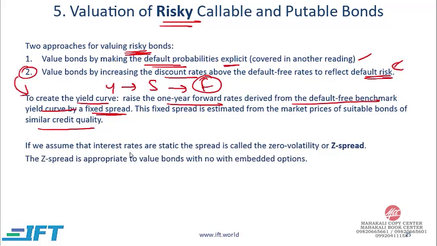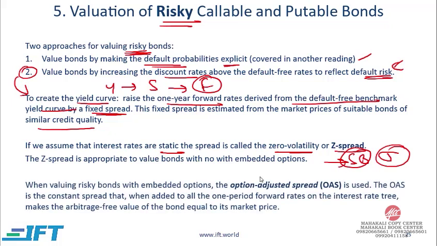If we assume that interest rates are static, then the spread is called the zero volatility spread, or Z spread. The Z spread is appropriate to value bonds with no embedded options. If you recall, when we have a straight bond, then the value of the straight bond is not impacted by our volatility assumption. Since the value is not impacted by volatility, it is appropriate to use the Z spread for a bond that has no embedded options.